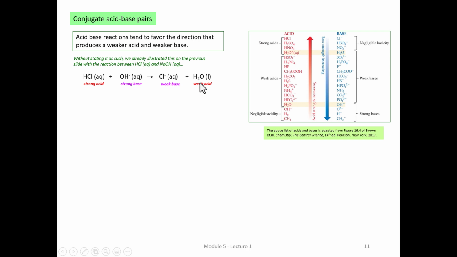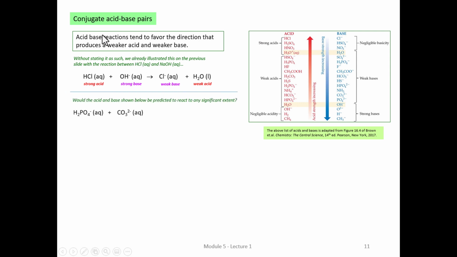The water is the conjugate acid of hydroxide. I'm not calling it this here because I want to emphasize that it's weak. But in any event, what we've done is we've gone on the left from a strong acid and a strong base to, on the right, a weaker base and a weaker acid.